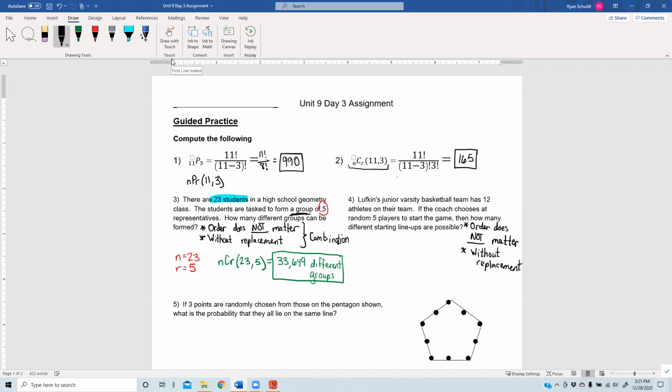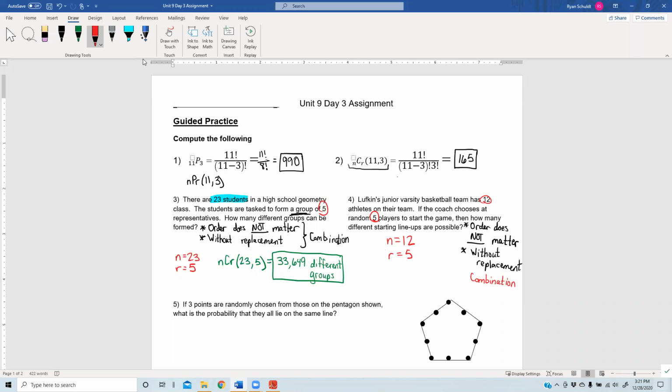That means we have a combination that we're dealing with. Okay, well, how many does he have to pick from? He's got 12 athletes. And how many is he picking? 5.